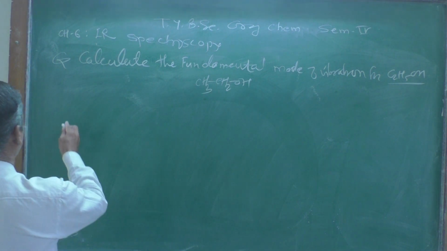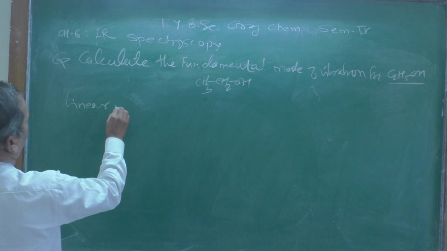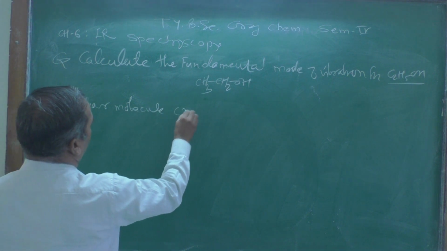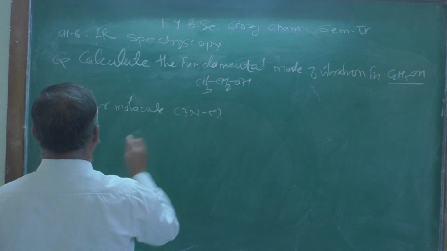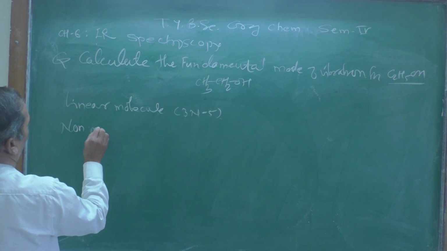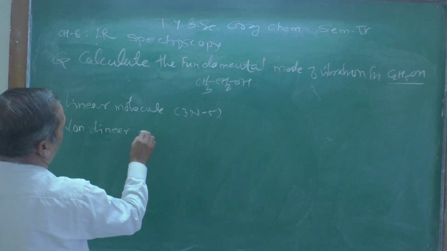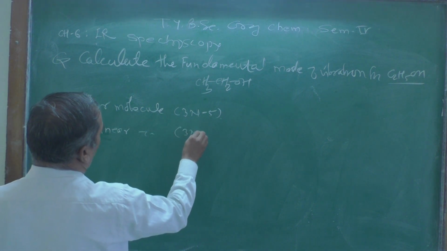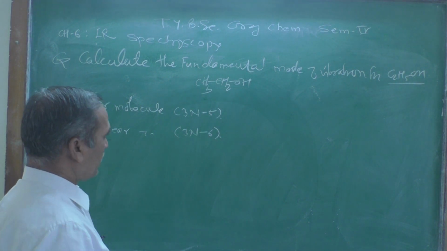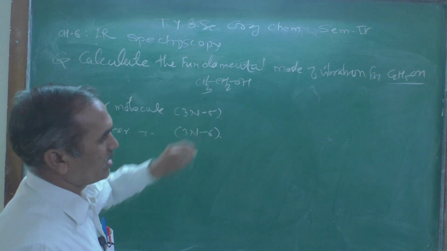If the molecule is linear, you can use the formula 3n minus 5. If the geometry of that molecule is non-linear, you can use the formula 3n minus 6, where n indicates the number of atoms involved in that molecule.